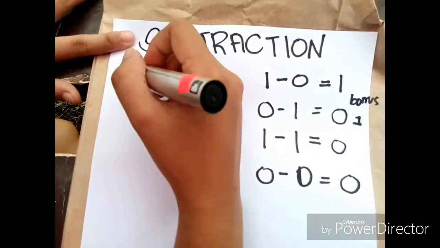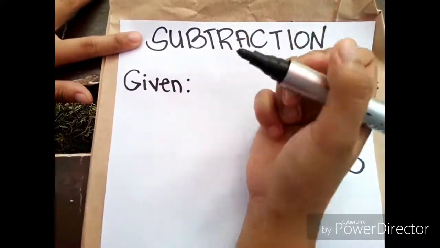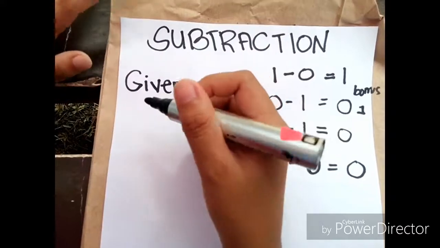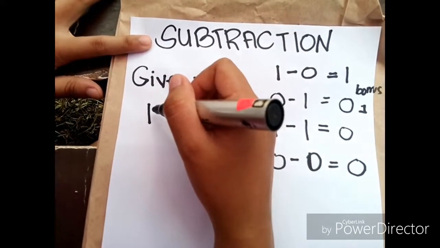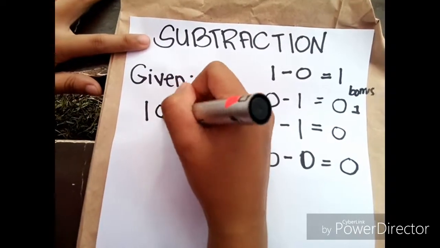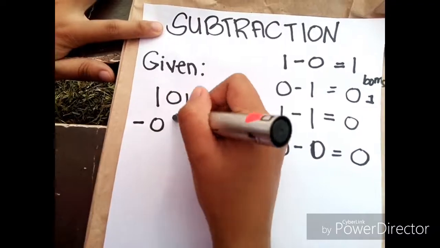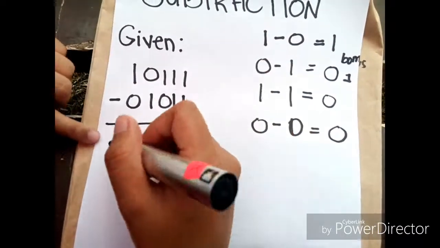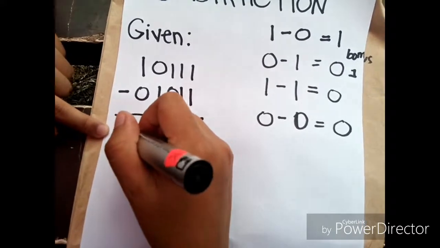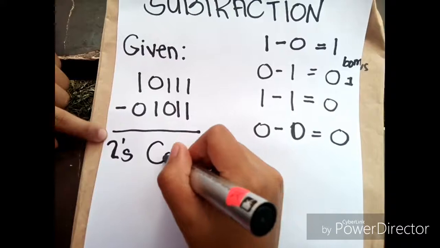So let's try. We use the second complement. So the given would be 1, 0, 1, 1, 1 minus 1, 0, 1, 0, 1, 1. So in this case, we flip the denominator, which is 0, 1, 0, 1.